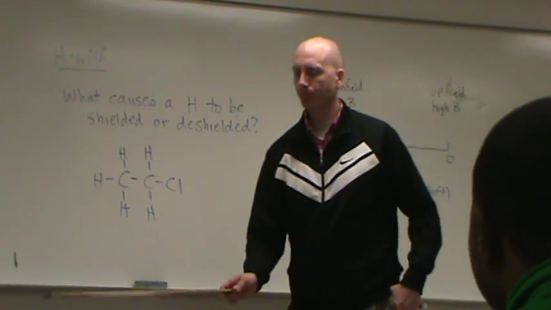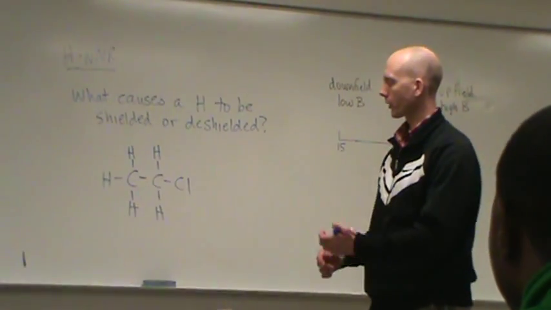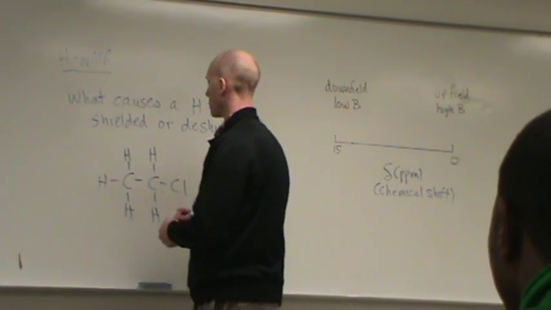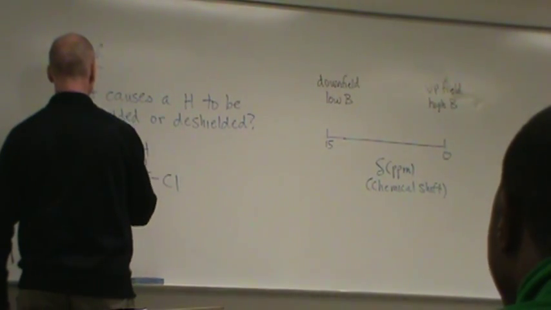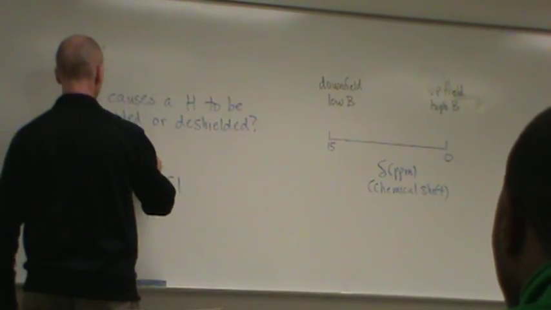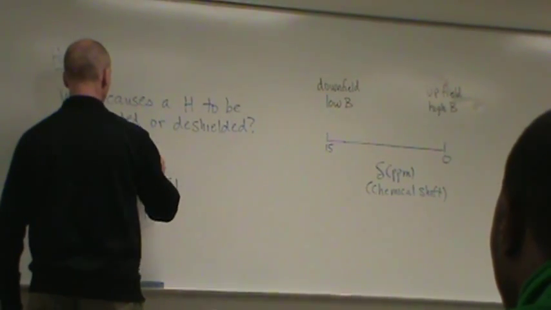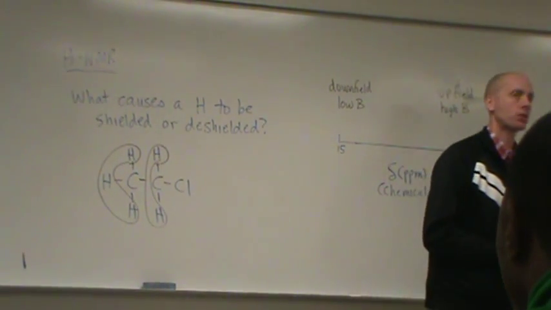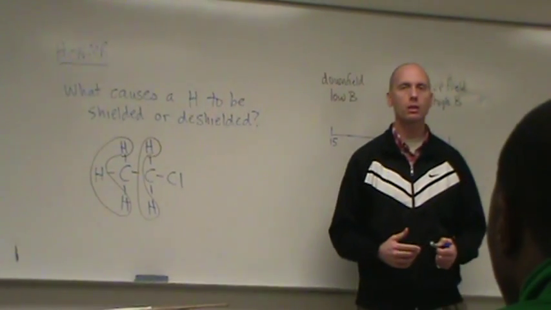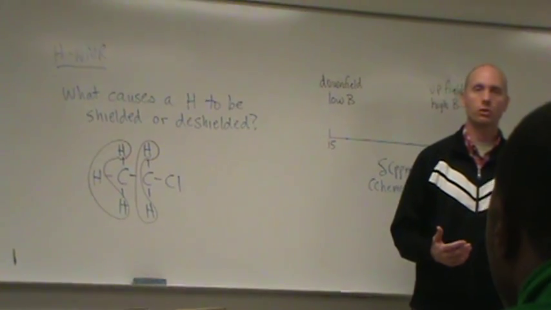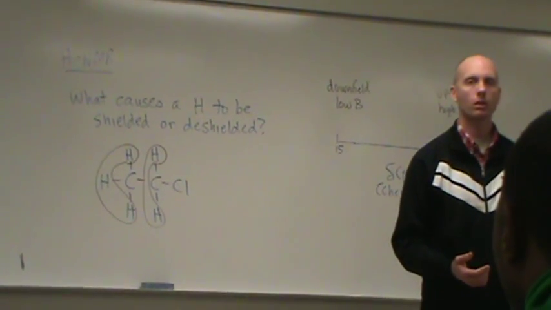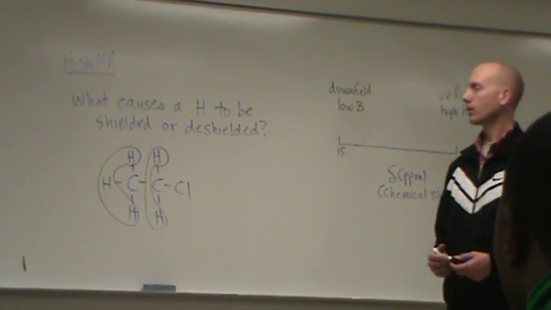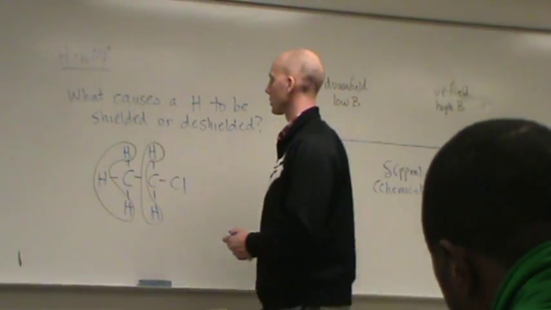Well, chloroethane has two sets of hydrogens. It has these, and it has those. The CH3s are one group, and the CH2s are another group. And let's just give those letters.